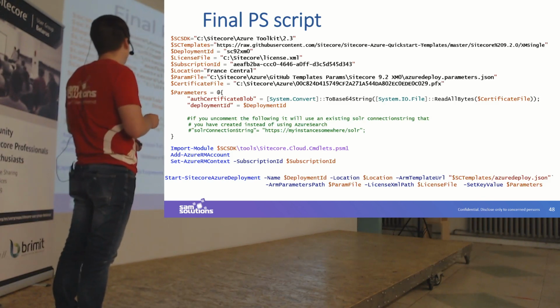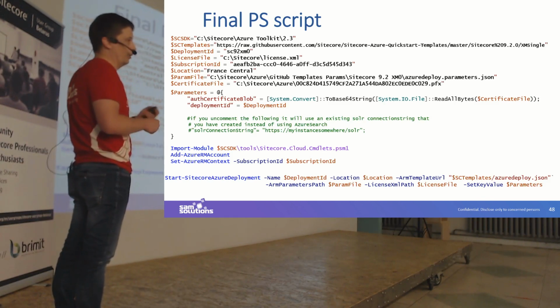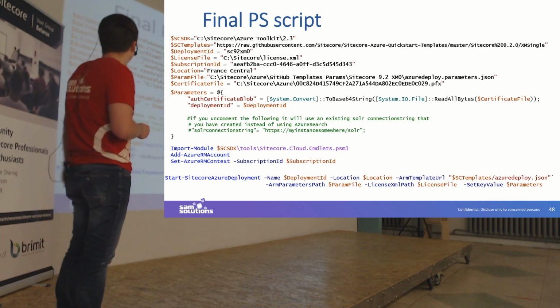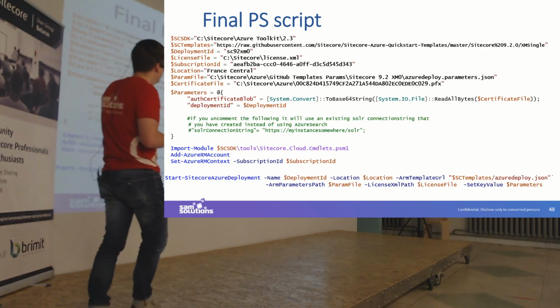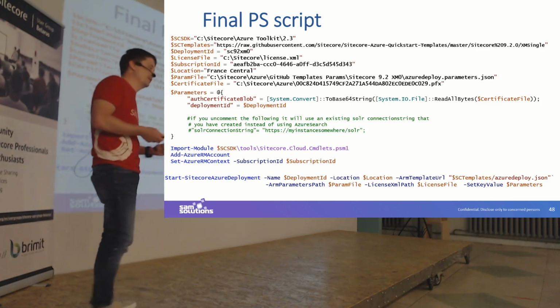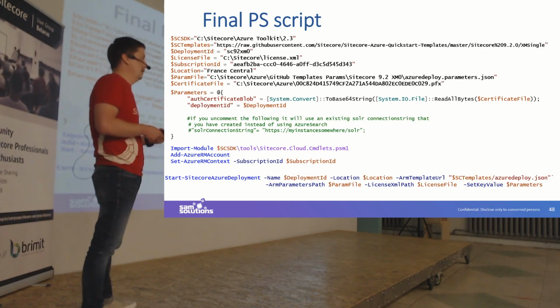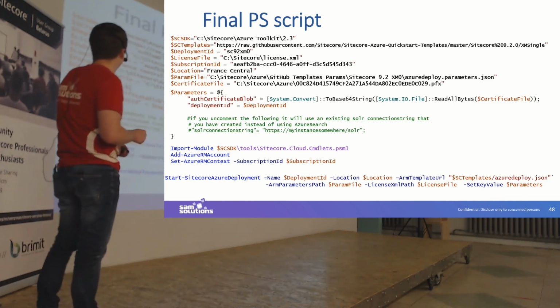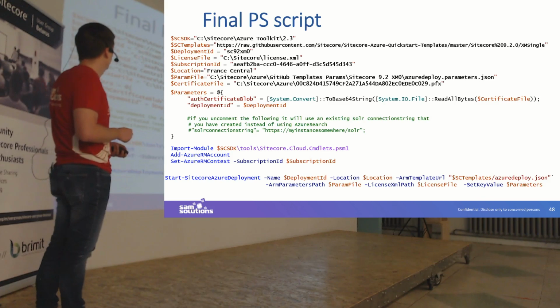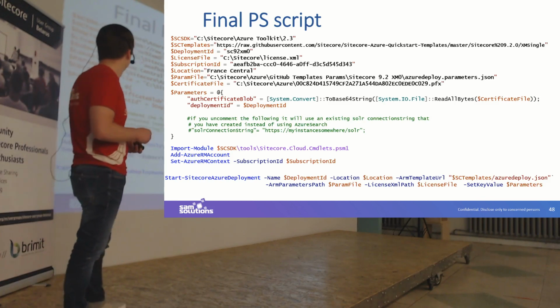We put where our Azure Toolkit is located. We need to point to GitHub where our predefined ARM template is located.